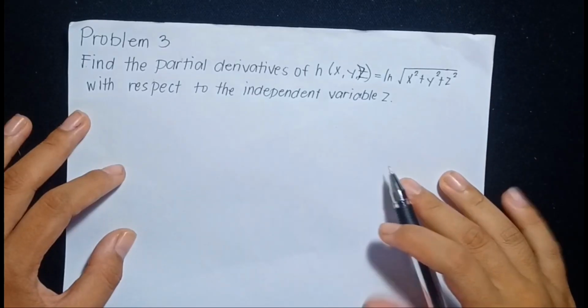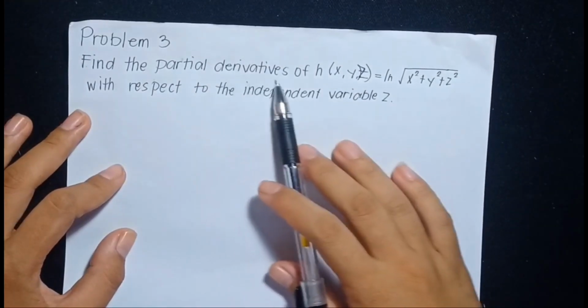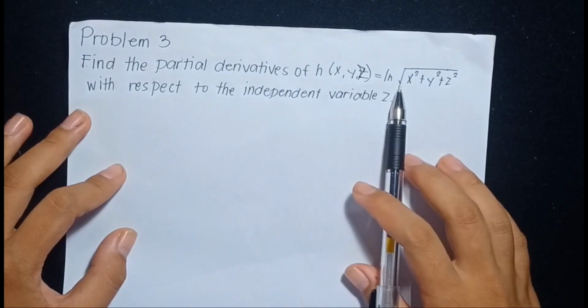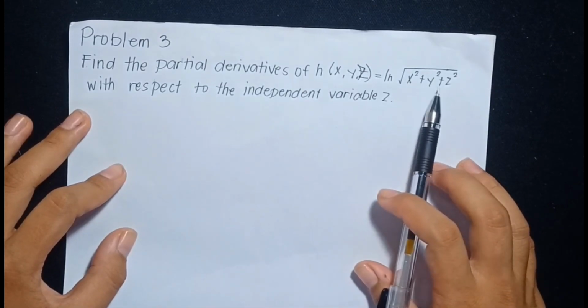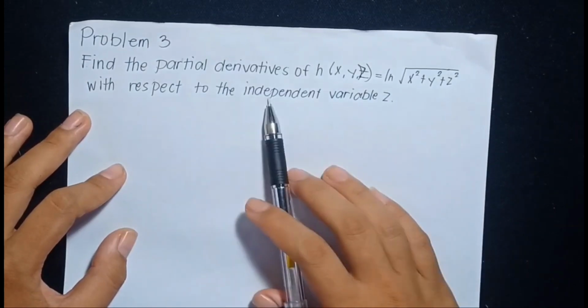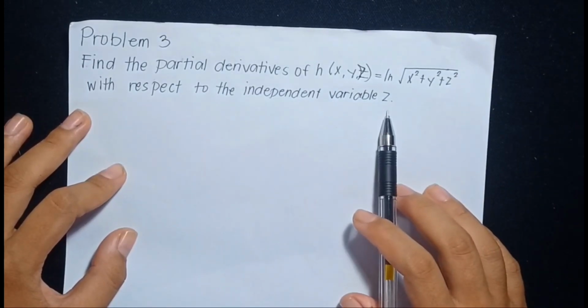Problem number 3. Find the partial derivatives of h of x, y, z equals ln square root of x squared plus y squared plus z squared with respect to the independent variable z.